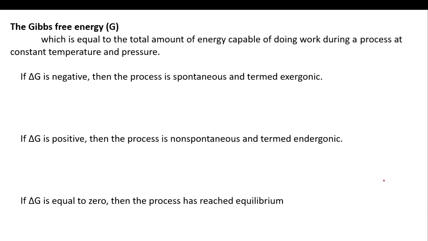Next, what is Gibbs free energy? Gibbs free energy is represented with G, which is the total amount of energy capable of doing work during a process at constant temperature and pressure.